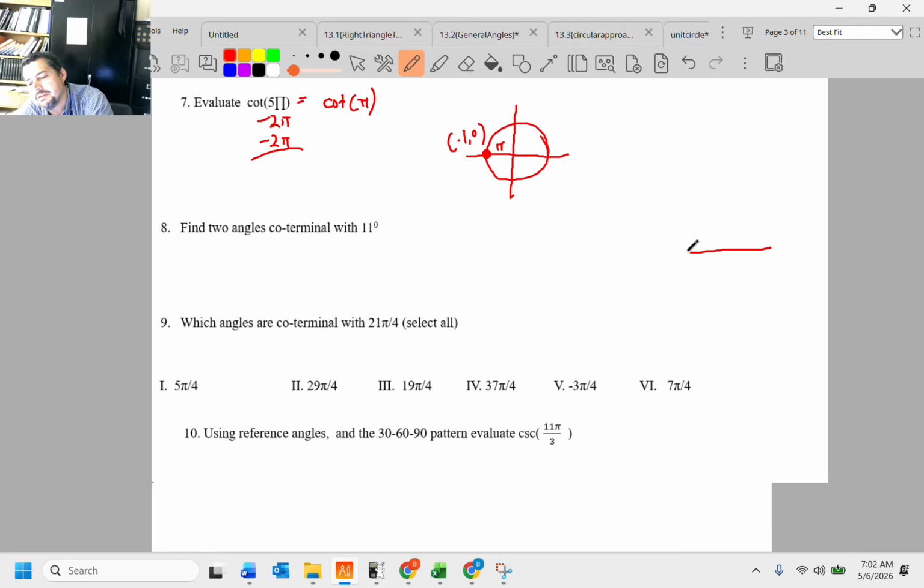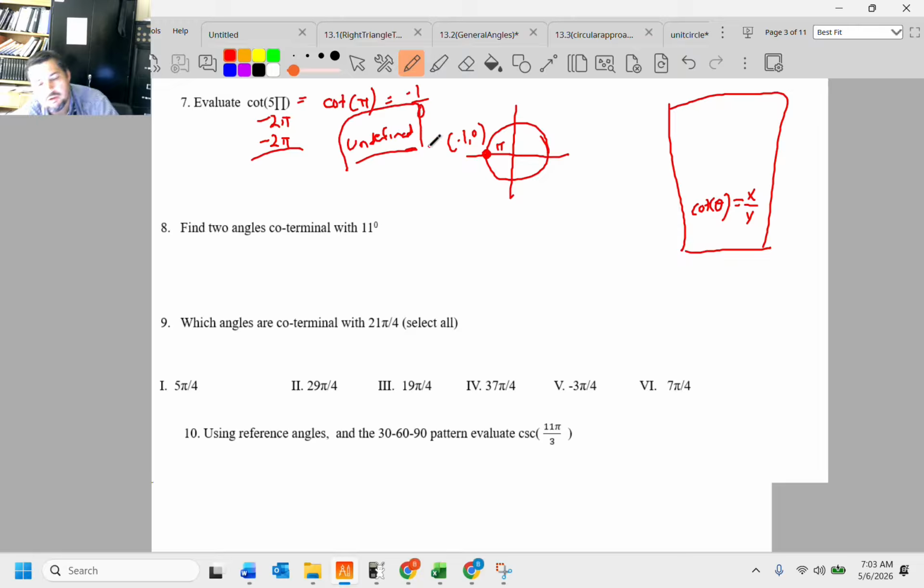You think about your circle quizzes here. The cotangent of theta is x over y. So I have an x value of negative 1, and that's over a y value of 0. And this is undefined all day long.